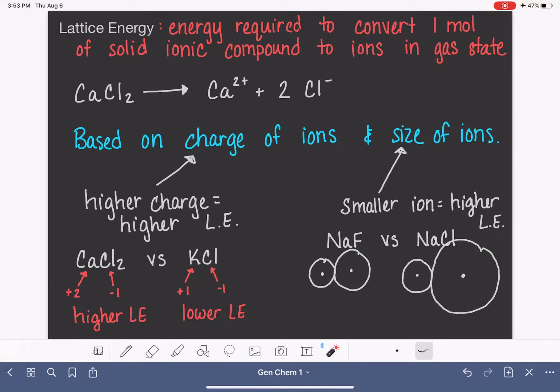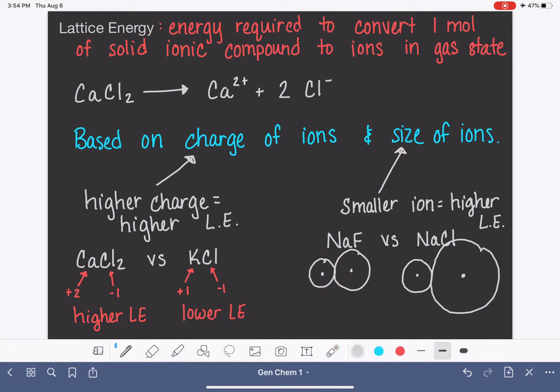Because the chloride ion is so big, the nucleus of the chloride ion is actually pretty far away from the electrons of the sodium ion, whereas the nucleus of the fluoride ion, because it's smaller, is actually able to come closer to the electrons of the sodium.